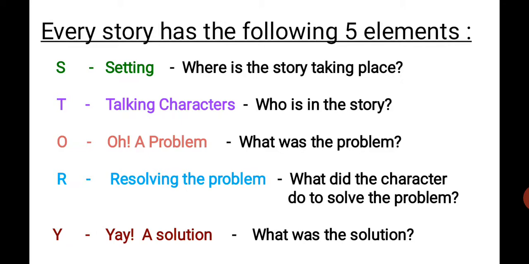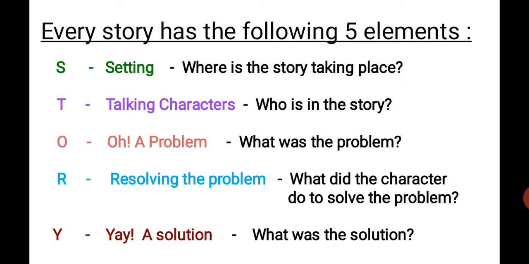For example, S for setting, T for talking characters, O for a problem, R for resolving the problem, and Y, a solution. So whenever you read a story, children, do keep these 5 elements in mind and start thinking about the answers. So let us take an example.